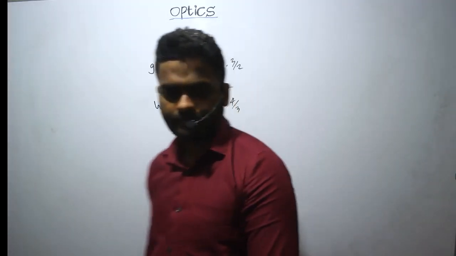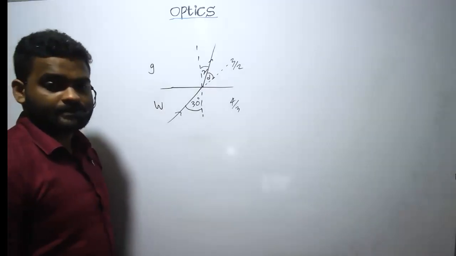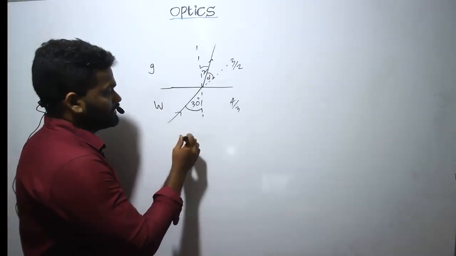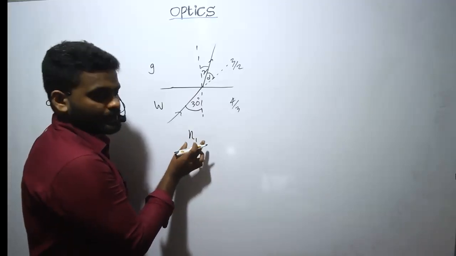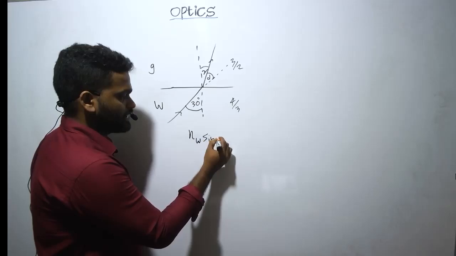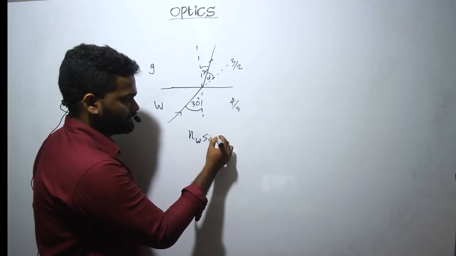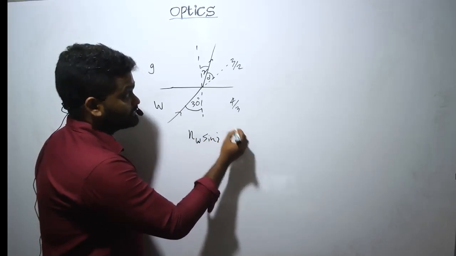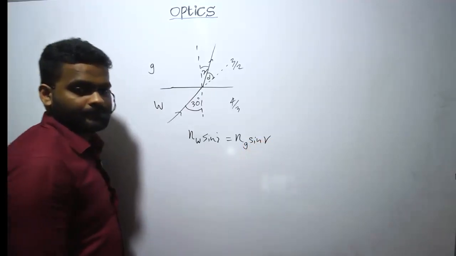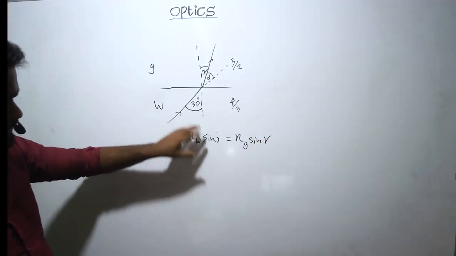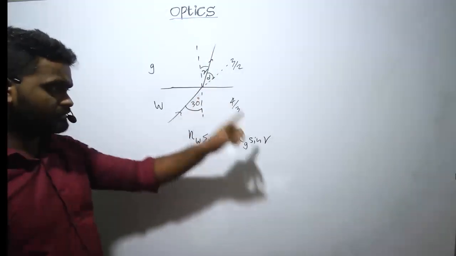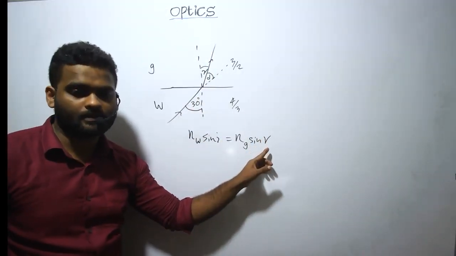Okay, let's see. So how do you do this? This is the equation. Absolute refractive index of water, Nw sine i, sine 30, equals Ng sine r. So simple r is what we need to find.